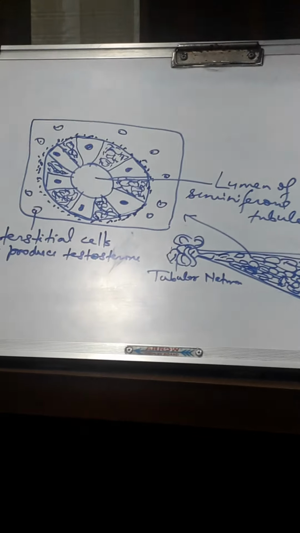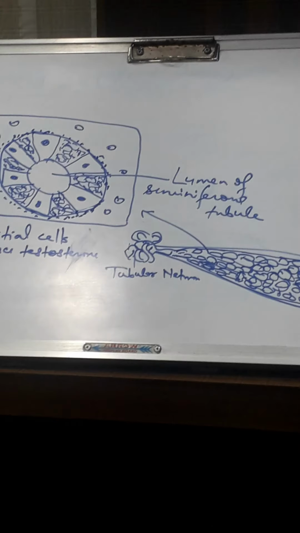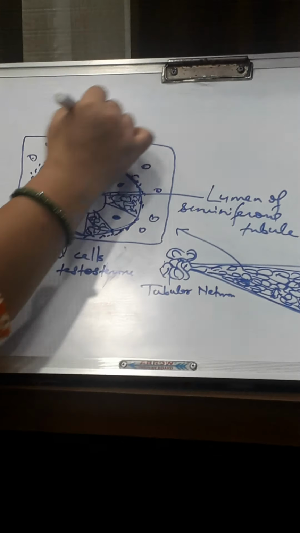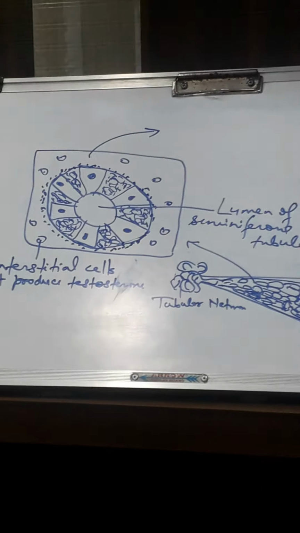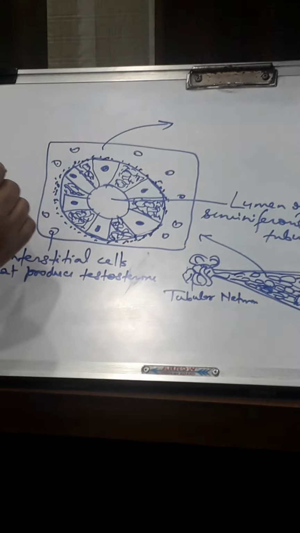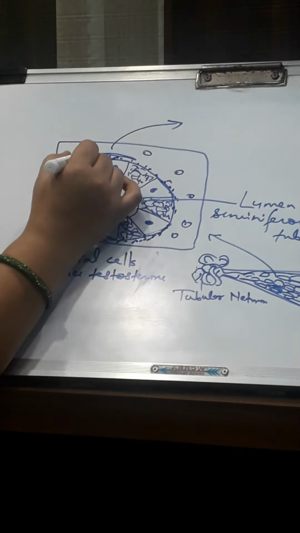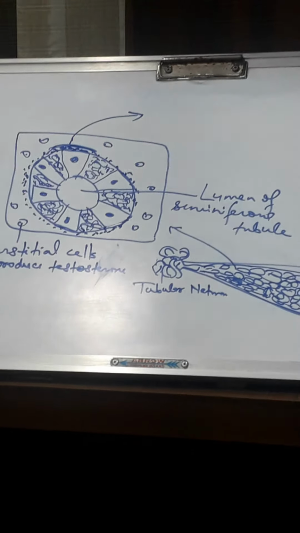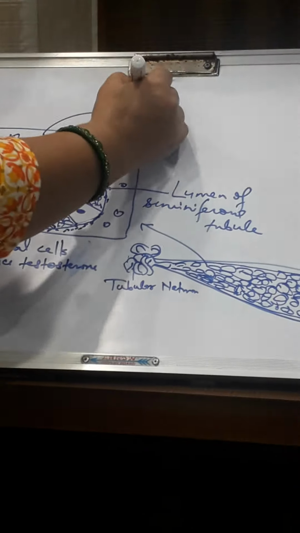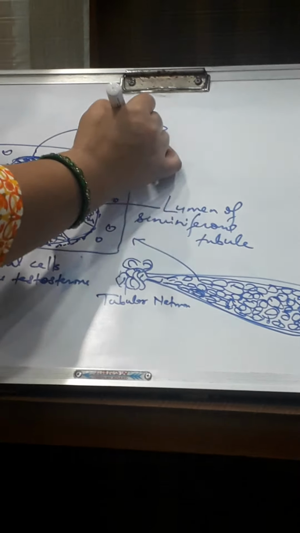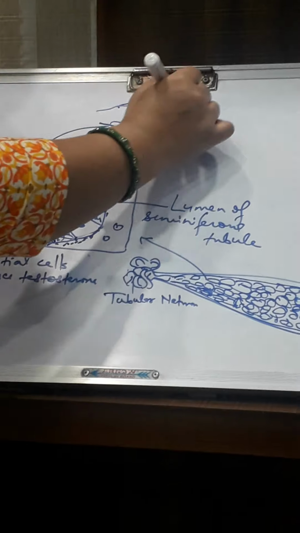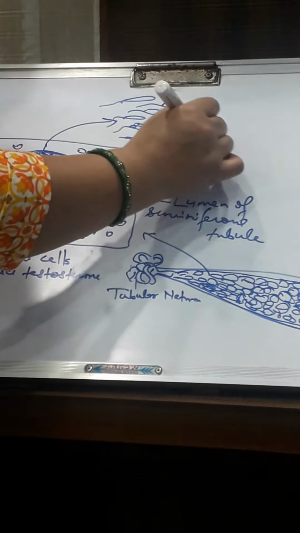Now, the last diagram we have to see. It has one covered segment here. Now let's see how the sperms lie. Millions of sperms, more than 30 lakh, lie here, and then comes the structure of the seminiferous tubule.